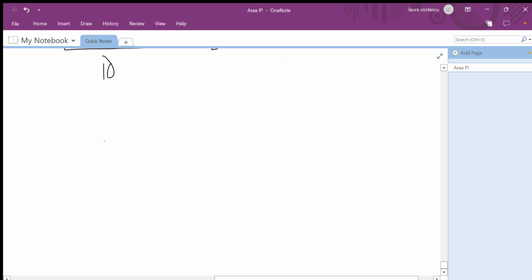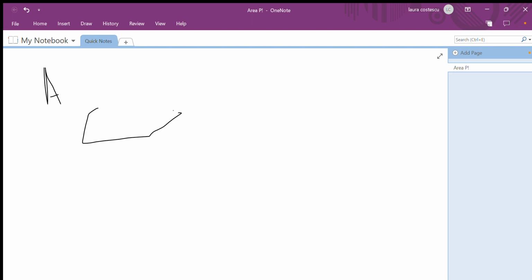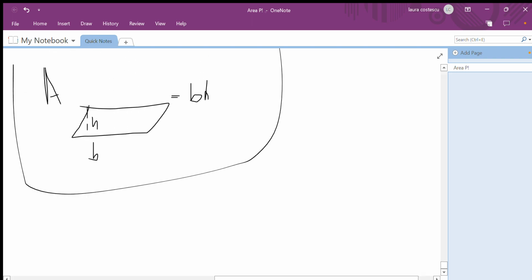Okay, here we go. Now, our last known shape or useful shape is a parallelogram. Let's say our base is B and the height is H. Let's go. What's the area? Well, this is one of the simplest areas. It's the base times the height. So here we got it.